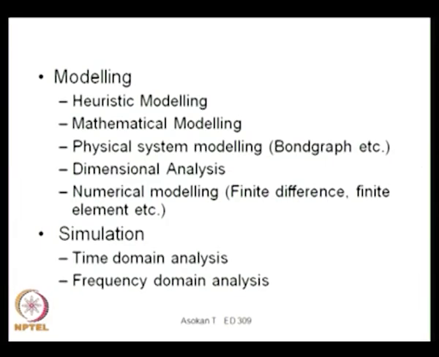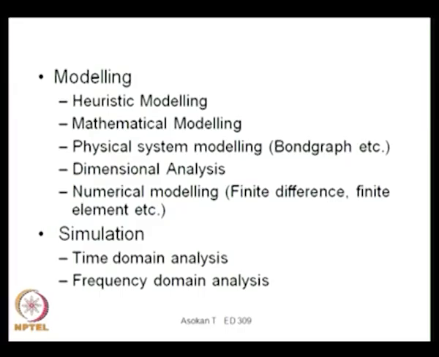Coming to the methods of modeling, we have various methods of modeling physical systems. We can go for heuristic modeling, where depending on our own heuristics, intuition and imagination, we create the models and then test them to see the behavior. The other one is mathematical modeling, where we write down the mathematical equations corresponding to the physical model and then study the behavior.